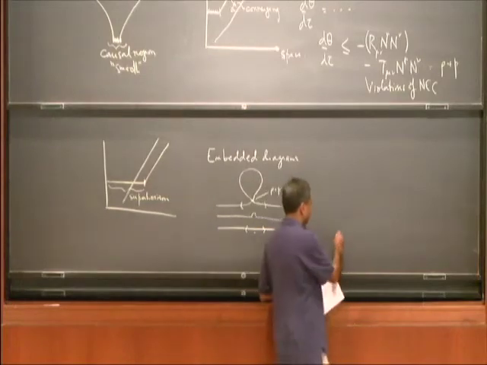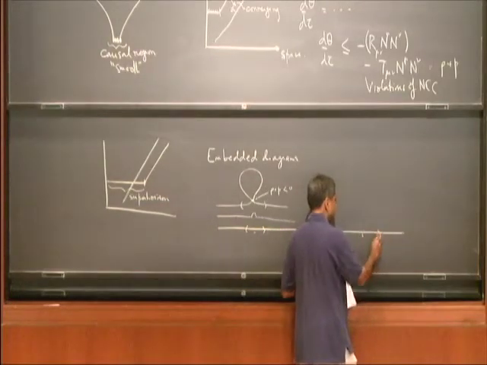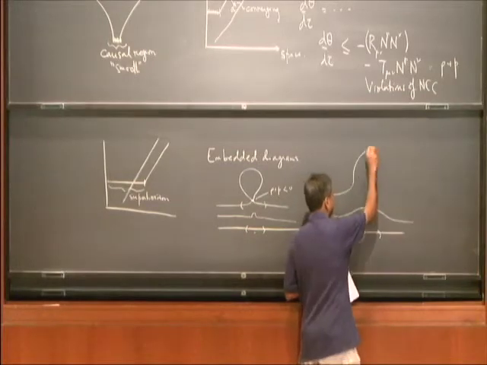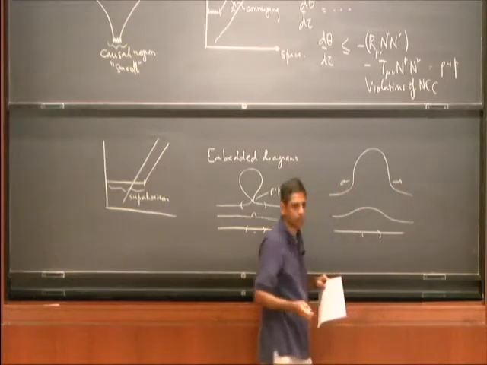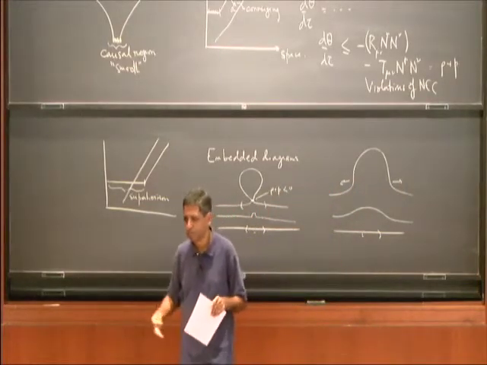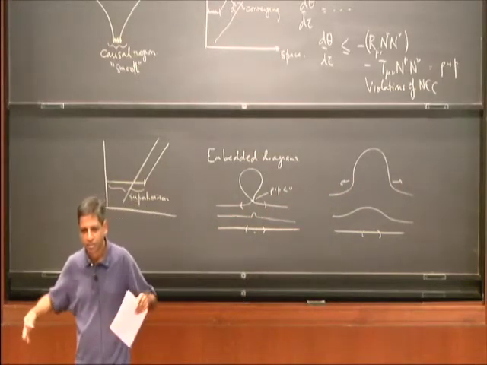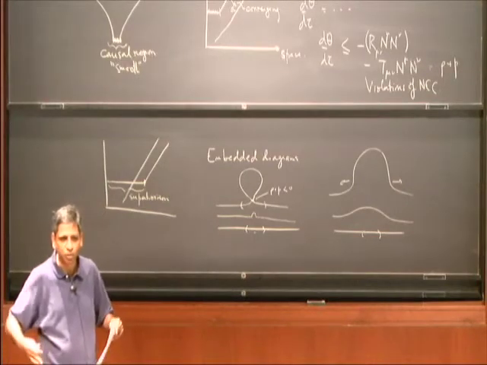Of course, if the initial patch is larger than horizon, there is no such problem because now the neck is kept open by the background expansion. If it's super horizon, the background expansion keeps this neck open.